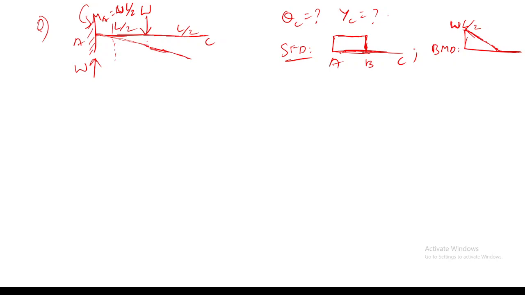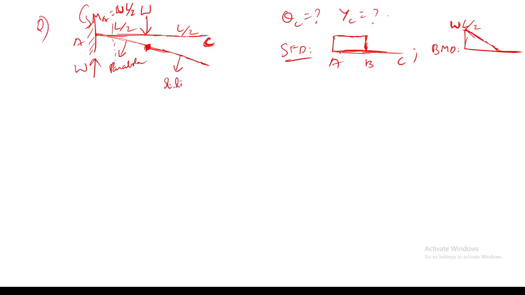For example, you want the value of the slope at C as well as the deflection at C. So this section I am demarcating with a bright dot. This is actually a parabola and this is a straight line.